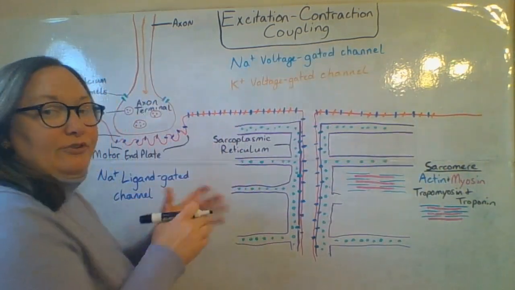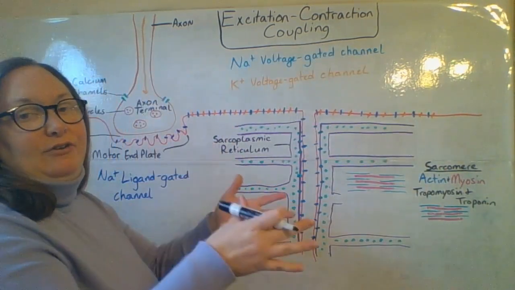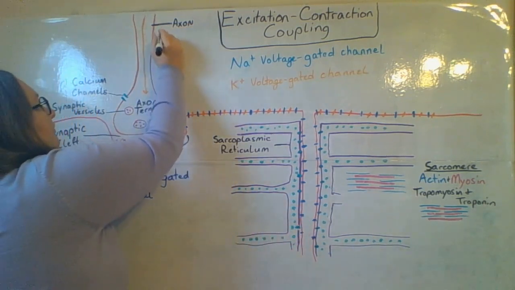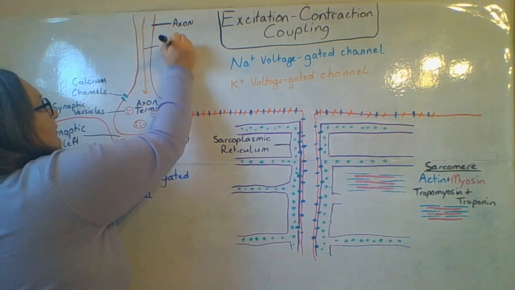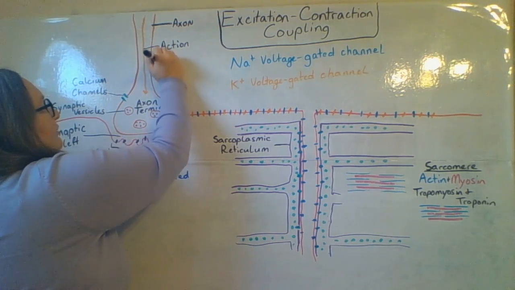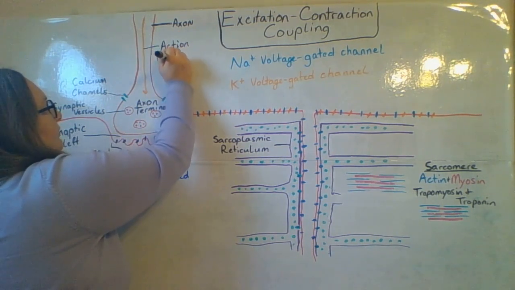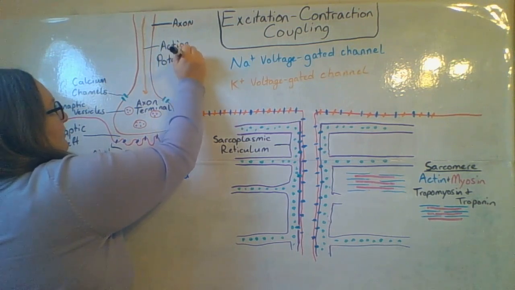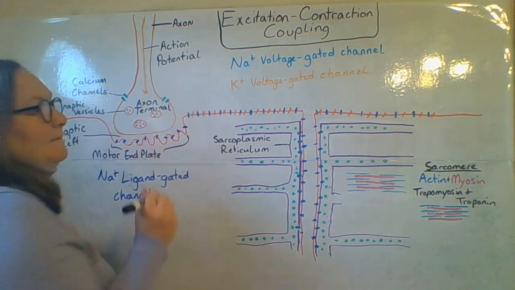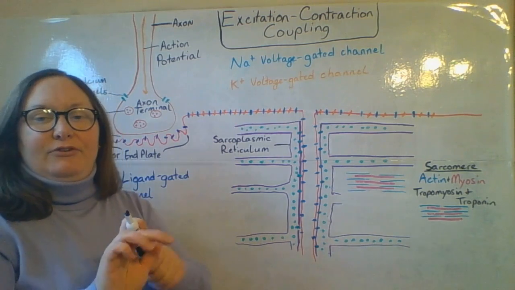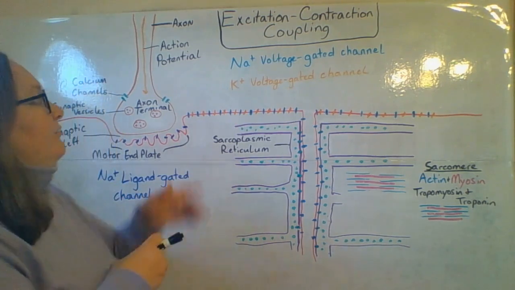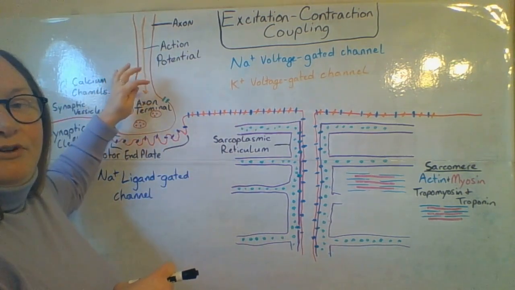It has a potential to cause an action. An action potential is like a message that's traveling down the axon of the nerve.